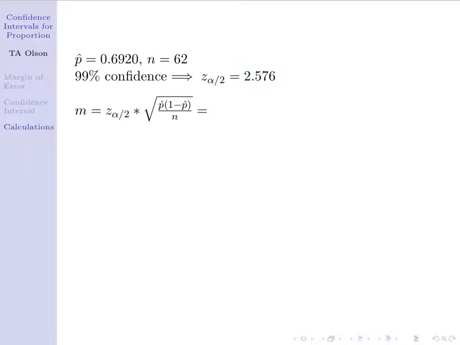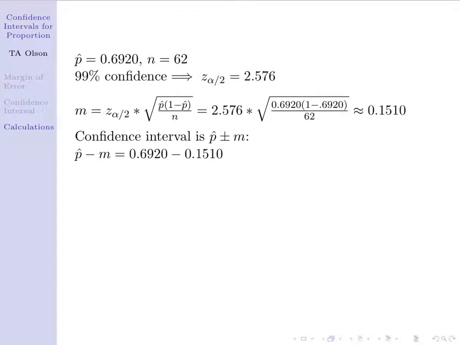All right, so our margin of error is our critical value times the square root of P hat times 1 minus P hat divided by N. In this case, 99% confidence, 2.576 times the square root of P hat times 1 minus P hat over N. This comes out to be, out to 4 decimal places again, 0.1510, right? So we're going to look 15.1% on either side.